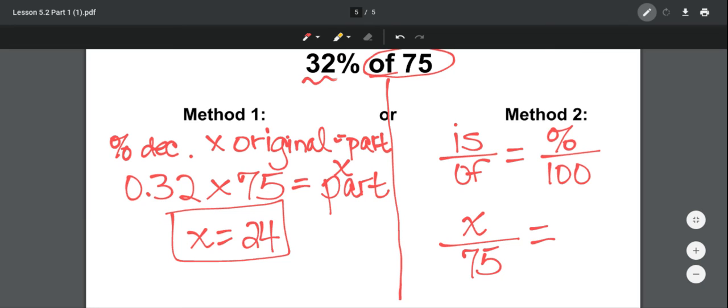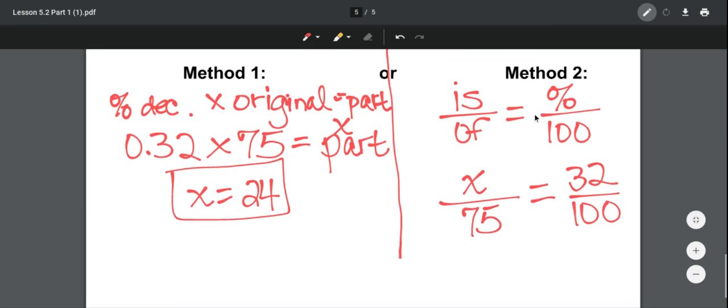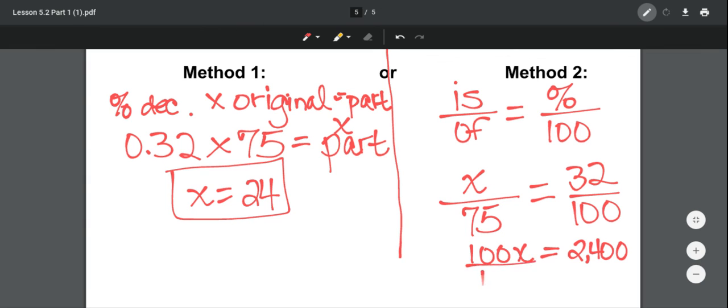Our percent is given by 32, and our 100 is part of the proportion. When I cross multiply, I get 100x is equal to 2,400. Divided by 100 on both sides when solving, and x gives me 24.